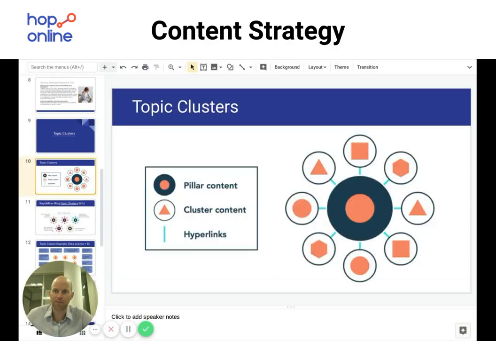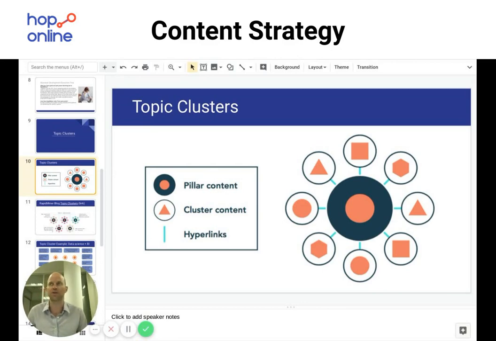The next big aspect of a content strategy is to develop a so-called pillar cluster model. So a pillar page is a very, very in-depth page that goes very deep into a broad topic area.